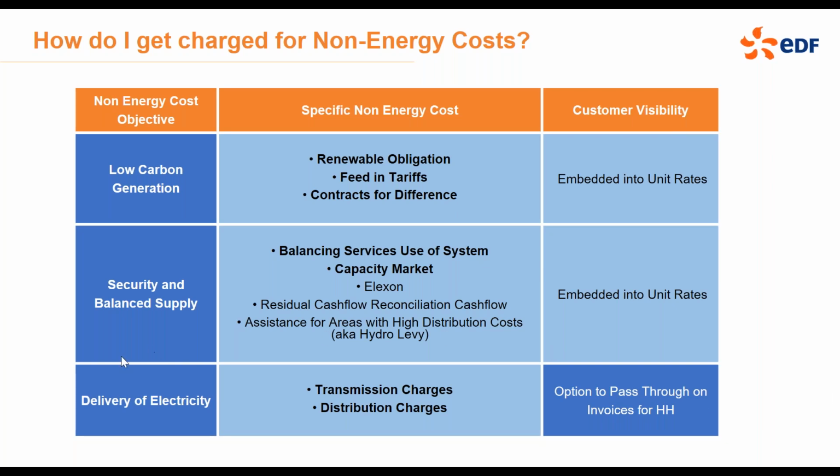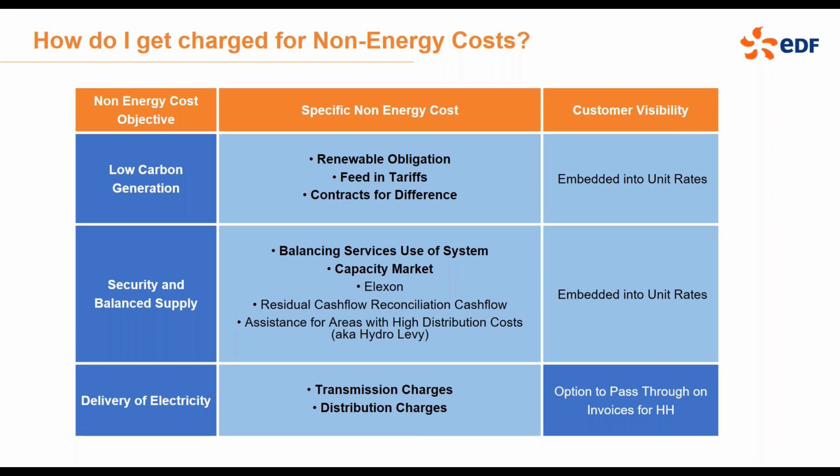So in addition to that wholesale cost, renewables obligation, feed-in tariff and CFD, which predominantly support low carbon generation, and then the security and supply costs from balancing services use of system down to AAHEDC, which I'll cover off, are embedded into your unit rates.